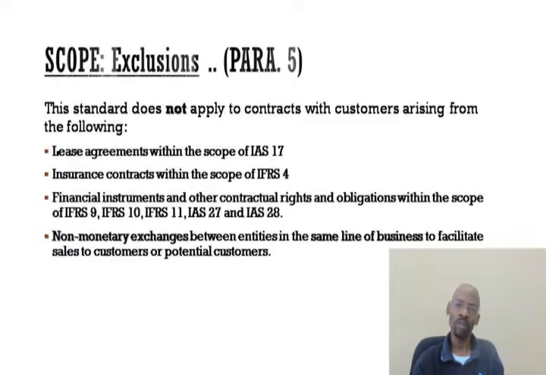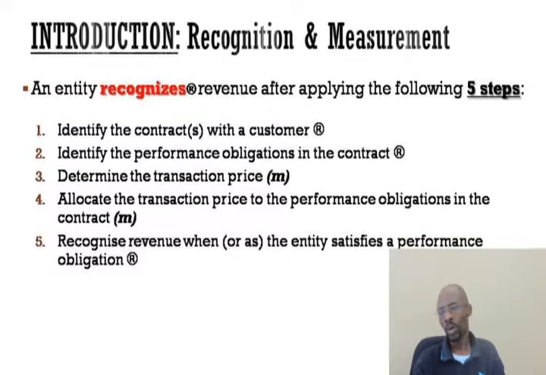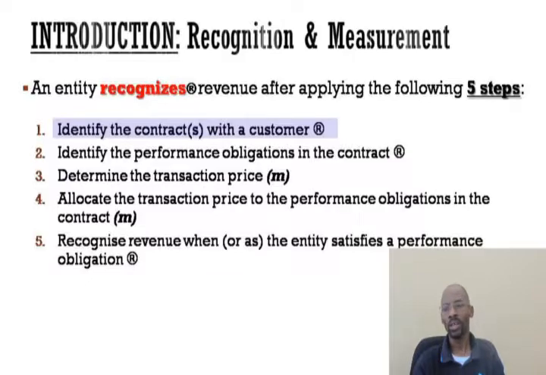For example, if the companies are selling the same goods and then there's an exchange which is non-monetary, we are not going to recognize revenue in such a transaction, or we're not going to account it in terms of IFRS 15.